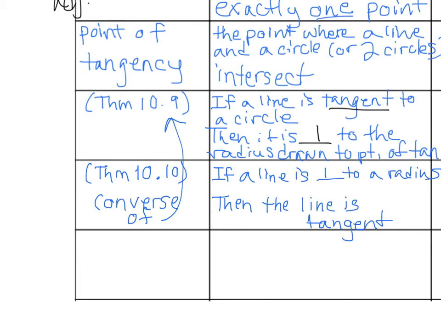The next theorem and the last theorem that you need to know as new for this section of notes is theorem 10.11. And that talks about two segments being tangent to a circle.